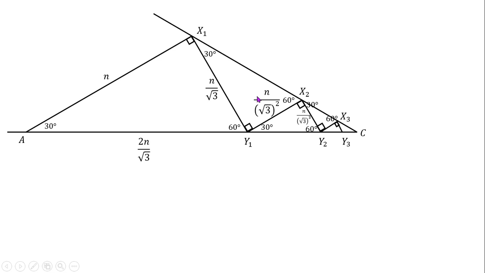So again, we multiply this one by 1 over the square root of 3. And of course, y sub 1, y sub 2 is twice this. So we have 2n over the cube of the square root of 3. Now, if you extend the process up to segment y sub 2, y sub 3, you must get 2n over the square root of 3 raised to 5.